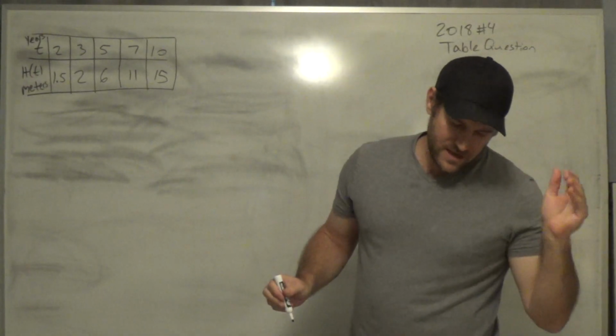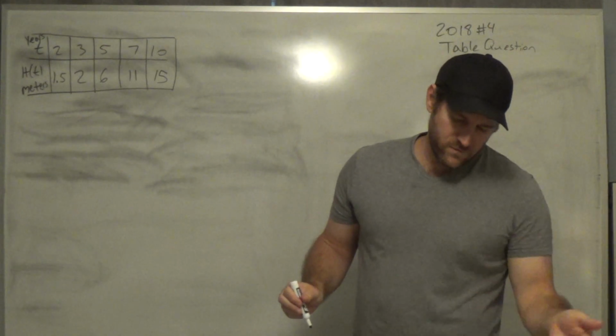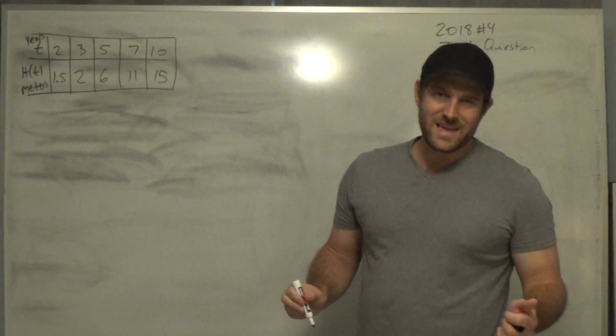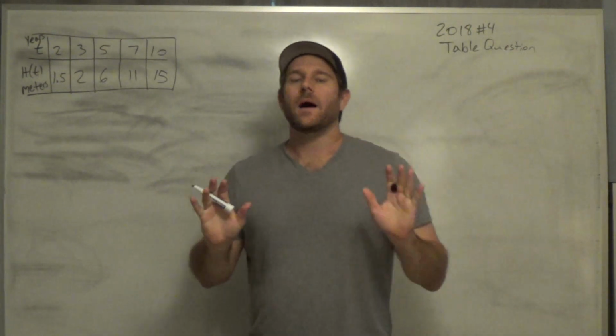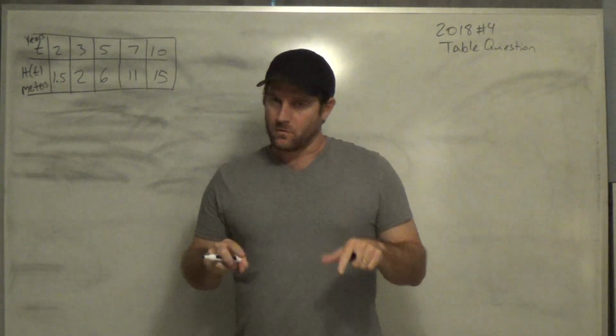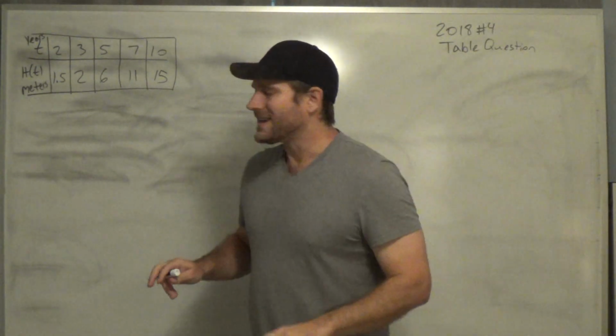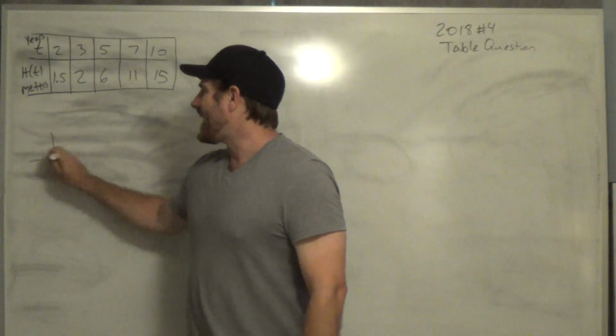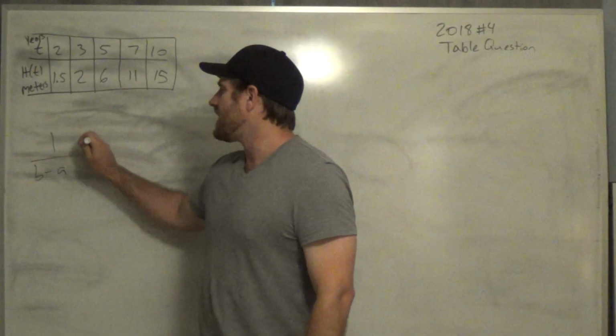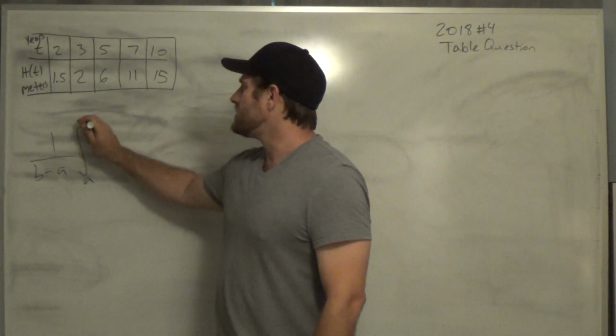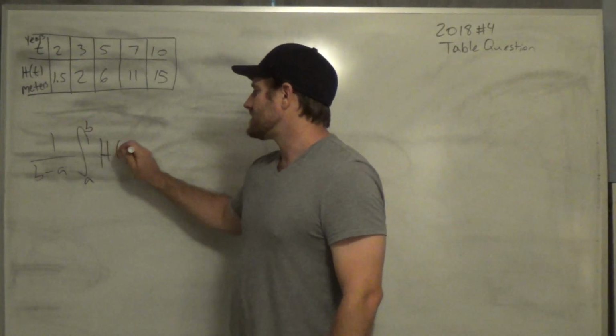In C, they ask you to use a trapezoidal sum with 4 subintervals to approximate the average height. Now, for this year's people, coronavirus people, average height can't be on your AP exam, because average height would be 1 over b minus a, integral from a to b of height.